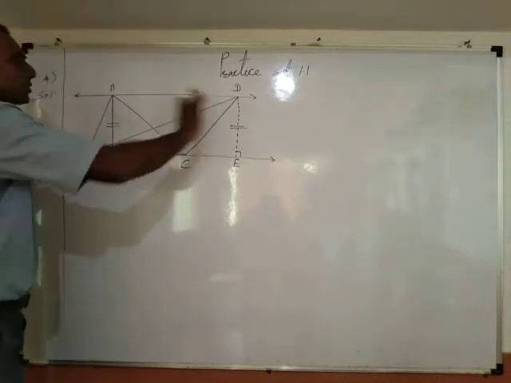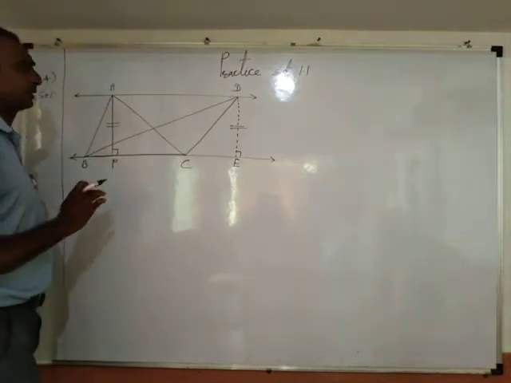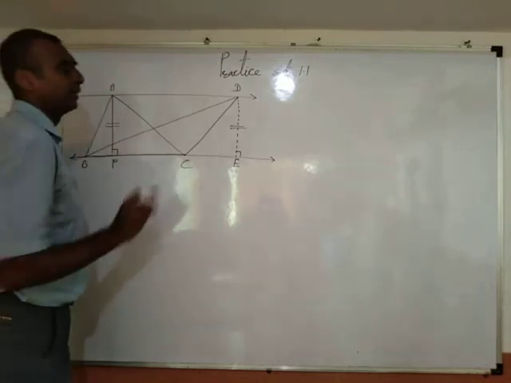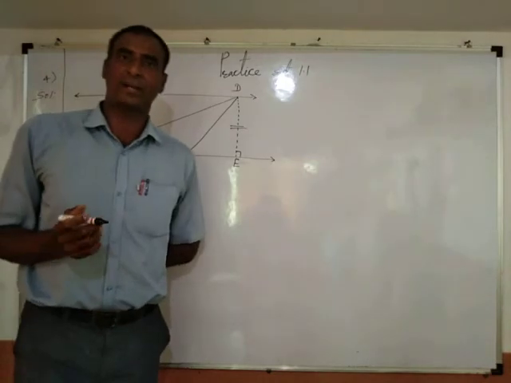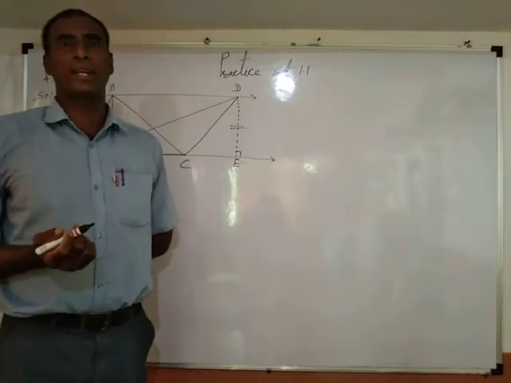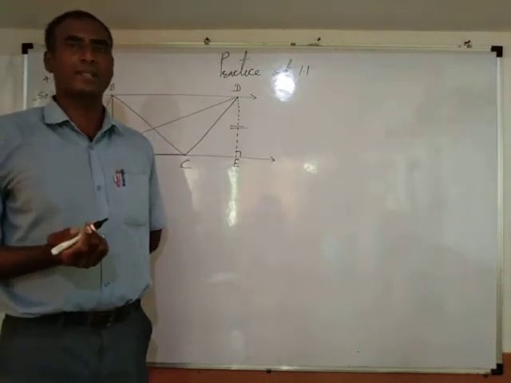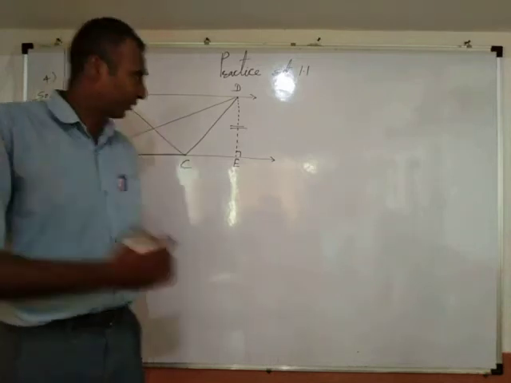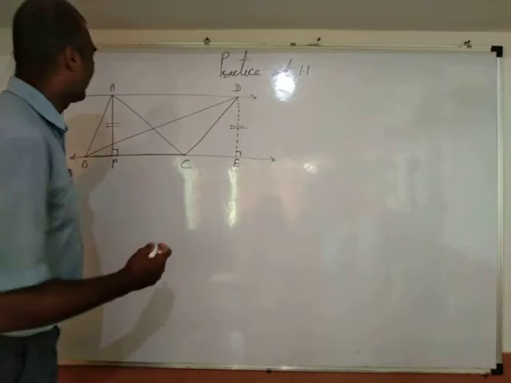These are the heights of these triangles, meaning these are triangles having equal bases and equal heights, and we know that the ratio of the areas of two triangles having equal bases and equal heights is 1:1. We are going to apply this property here.